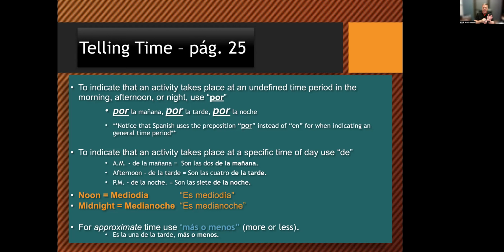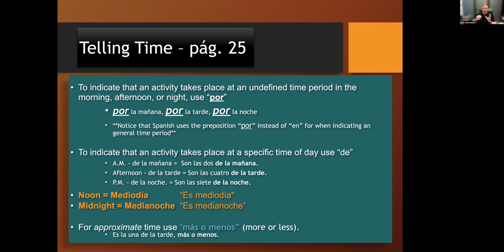And then from lunch until dinner is tarde, which means afternoon, and evening is from dinner later on, or noche. So when you're traveling the world and speaking with people from different cultures, you'll just learn, and you'll hear those things, you'll see them written. So de la mañana, de la tarde, and de la noche.